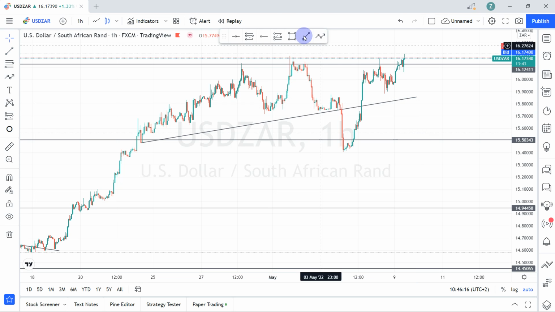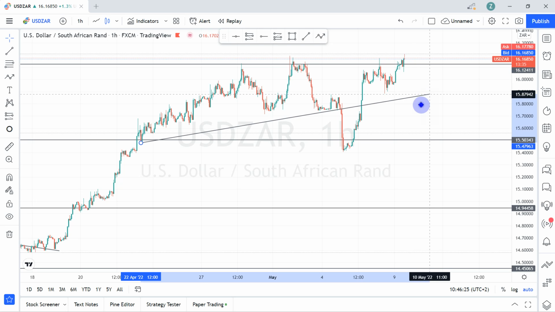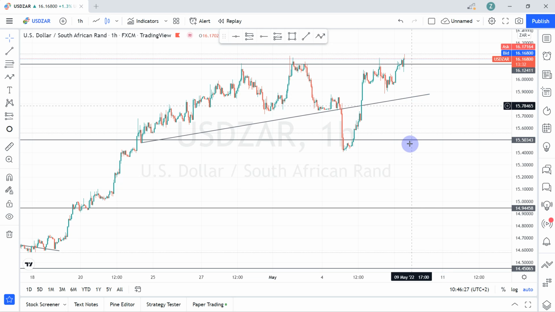So let me try. Okay, so this is my supporting trend line, right? So now I'm looking to see whether the market is going to, yes, I'm actually trying to identify the next market movement, right?